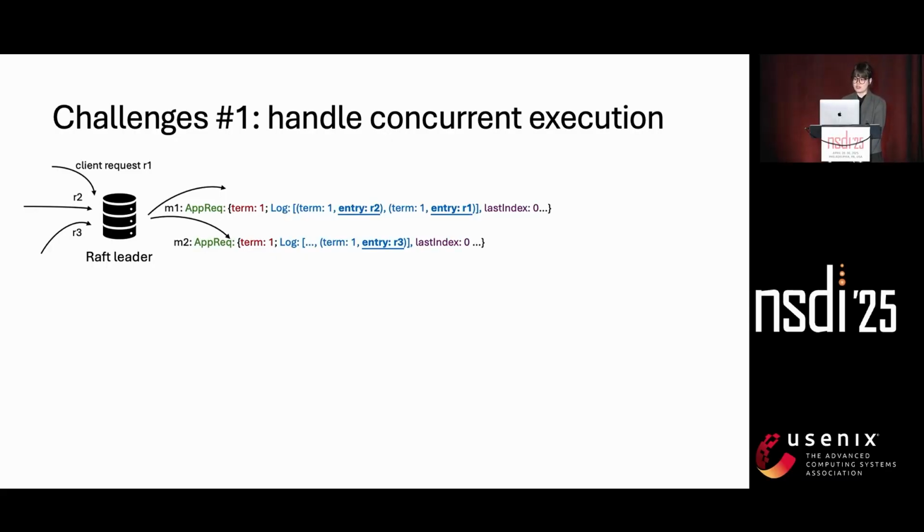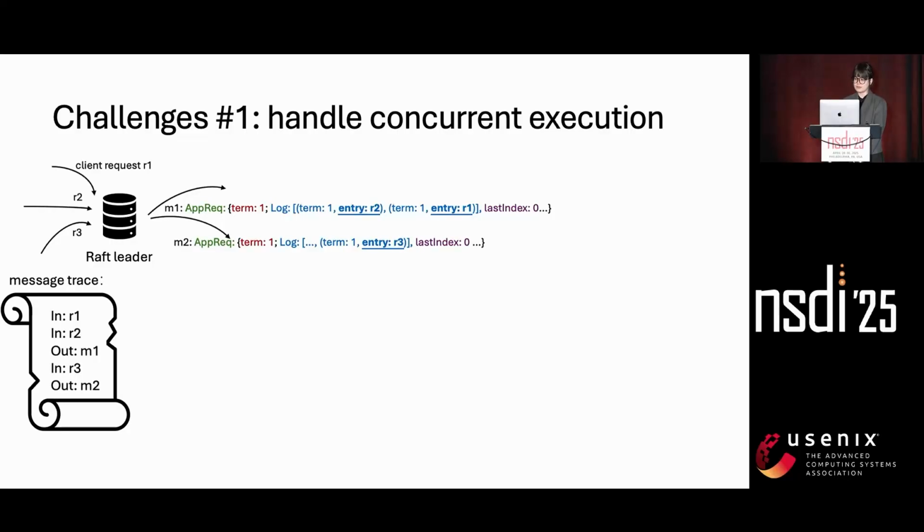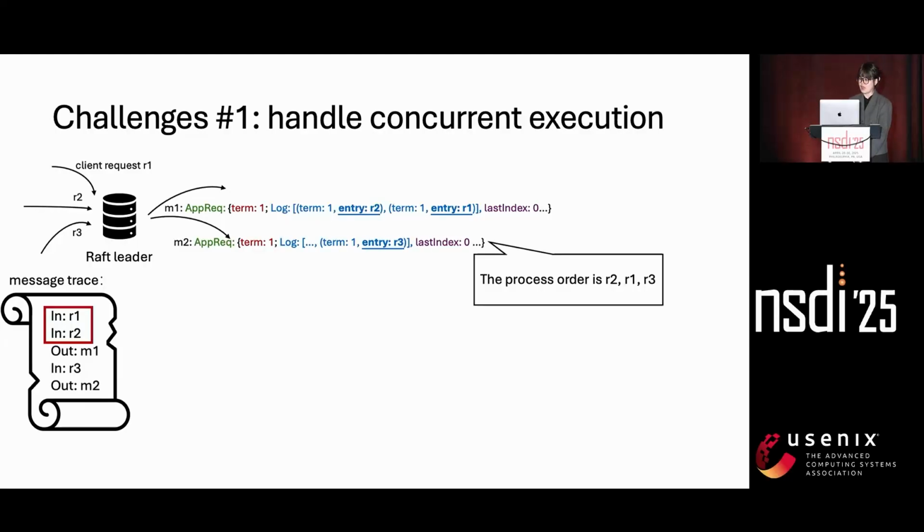The message trace of this process is shown here, but we can observe that the leader processes client requests in the order R2, R1, R3, since R2 appears in the log earlier than R1. However, in the message trace, R1 appears before R2, since this is the order in which the nodes receive the message, but not the exact order in which the node processes the message, because of the concurrent execution.